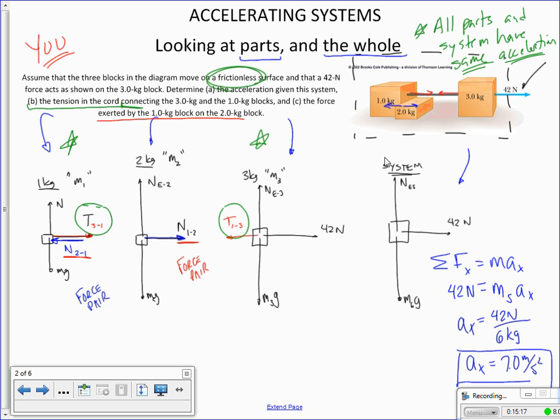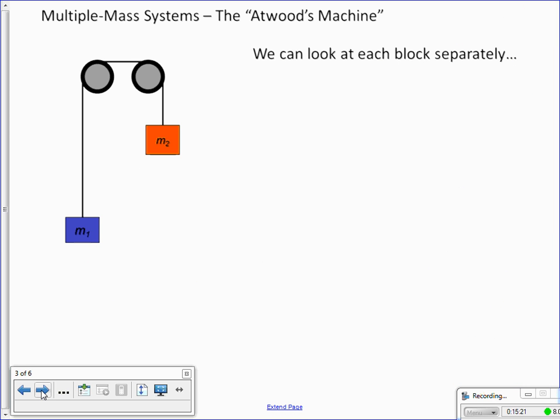Okay? Now, here's another one of the most standard kinds of what we call multiple mass systems or accelerating systems. It's called an Atwood machine. Charlie Atwood was a big, he hooked a lot of masses over pulleys and just went crazy with them. I'm sort of kidding there.